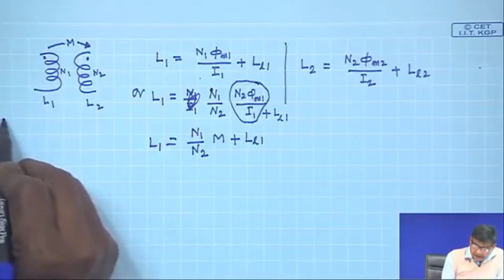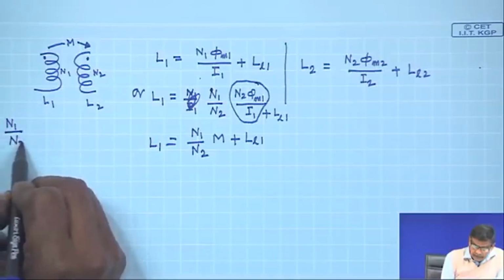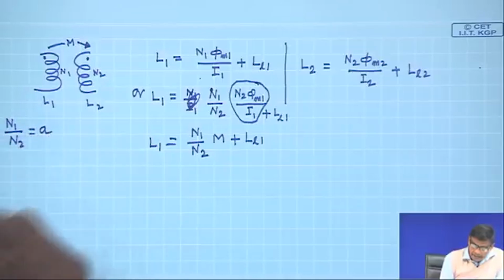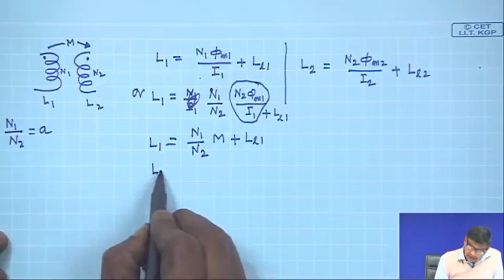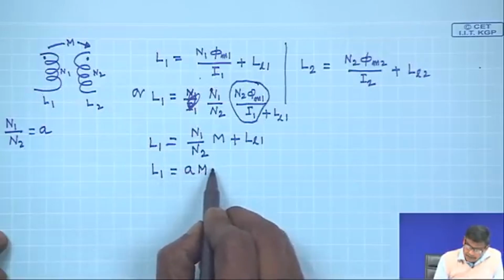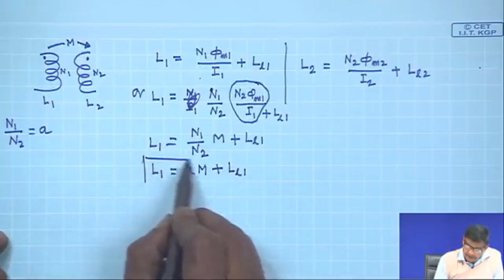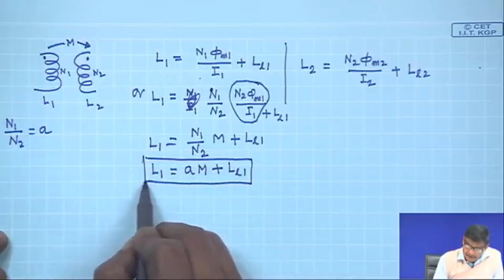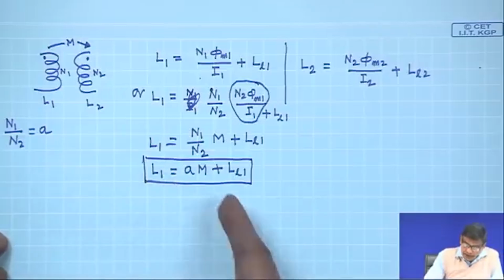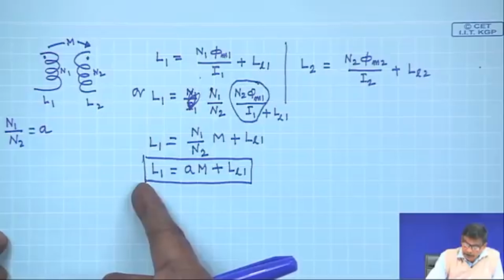If we define the turns ratio to be small a, then L1 is nothing but a into M plus L_l1. This is how the self inductance looks in terms of mutual inductance and leakage inductance.